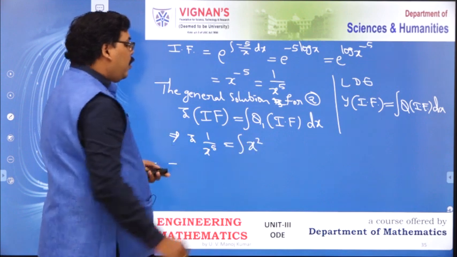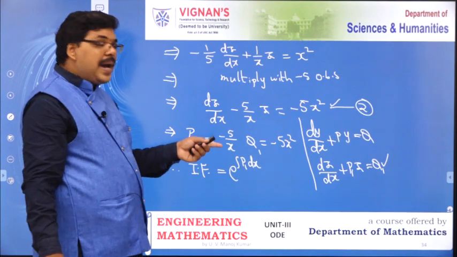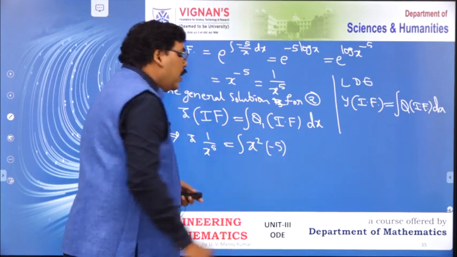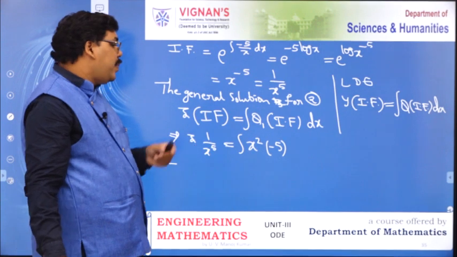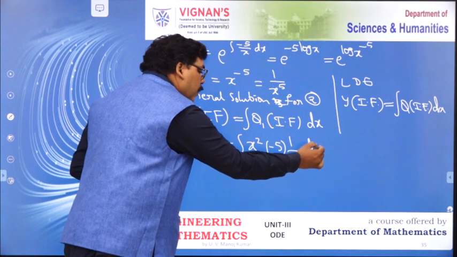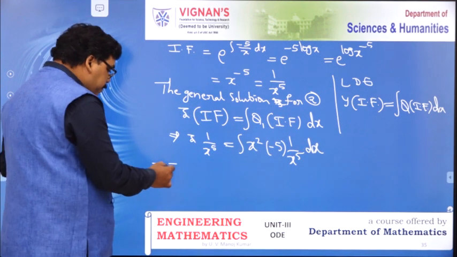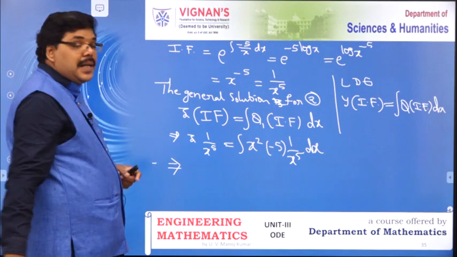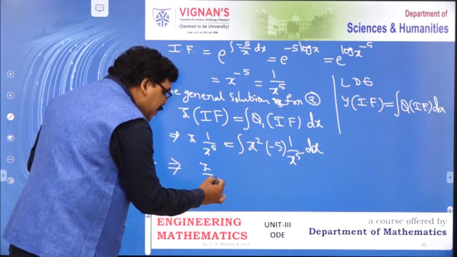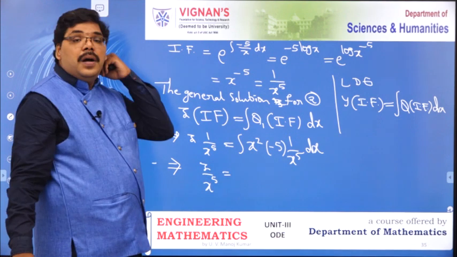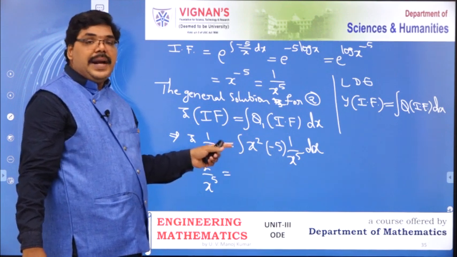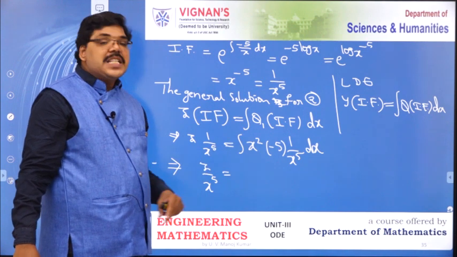q1 is not just x square, it is minus 5x square, into the integrating factor 1 by x power 5. If you simplify, let us write z here. Z by x power 5 equals, on the right hand side, minus 5 is constant, write it outside, x square by x power 5.